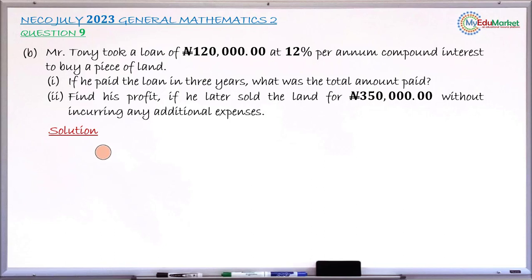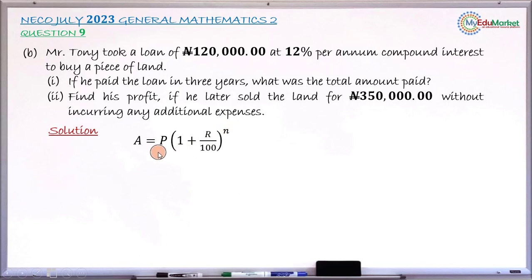So the amount is given by the formula. Remember, for compound interest, A equals P multiplied by, inside the bracket, 1 plus R over 100, and the bracket raised to the power of n, where A stands for the final amount, P is the original money borrowed, which is the principal, R is the rate of interest, and N is the number of years.